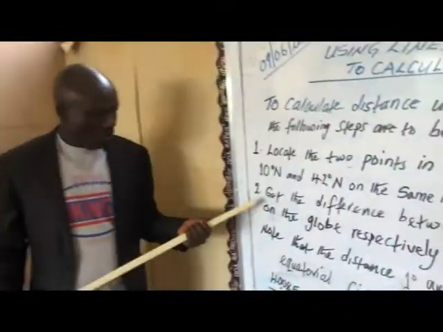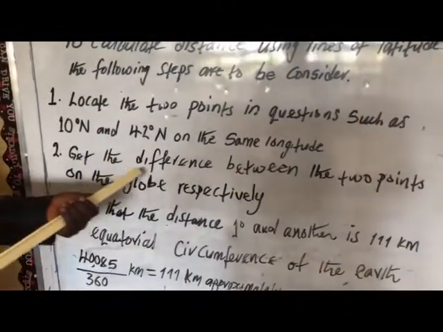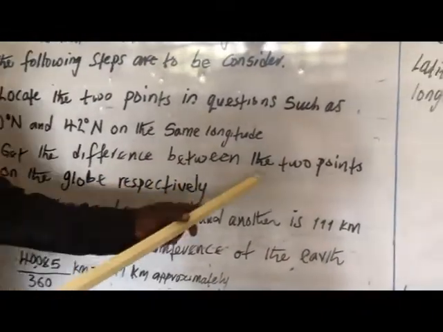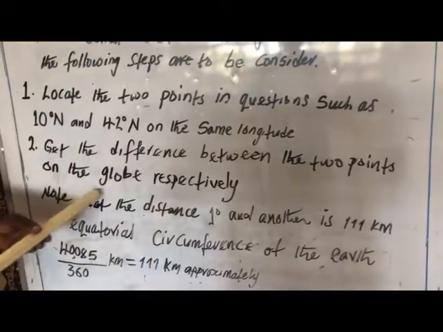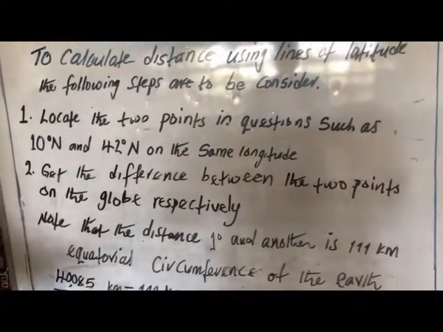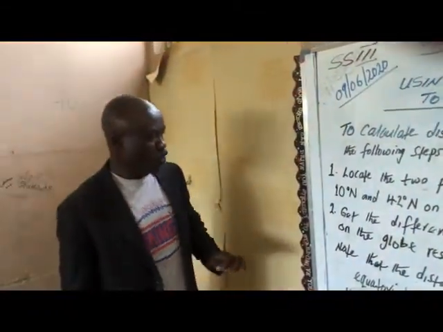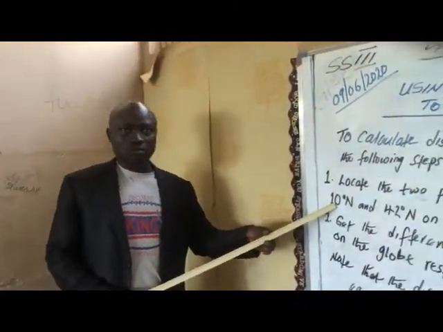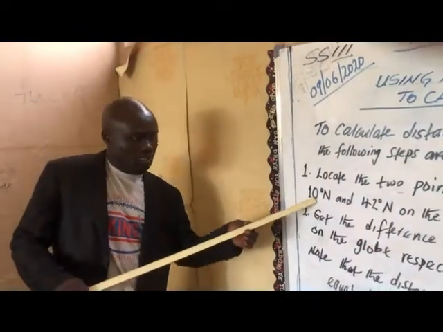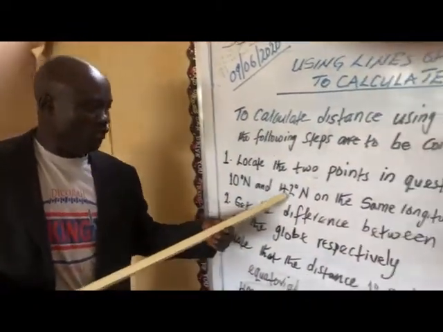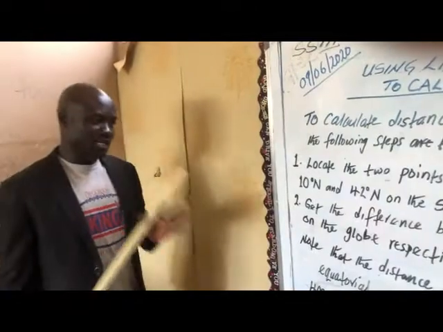Second, we need to get the difference between the two points on the globe, that is, 10-degree north and 42-degree north respectively.